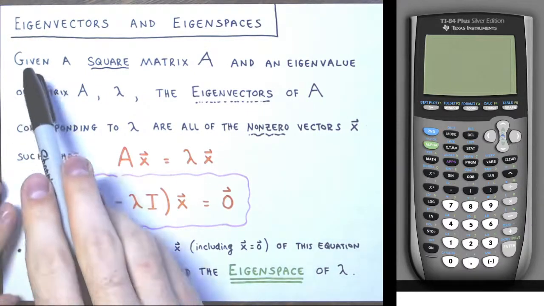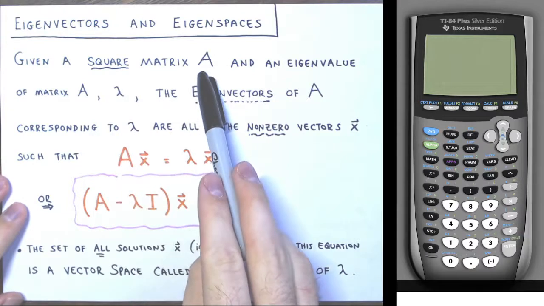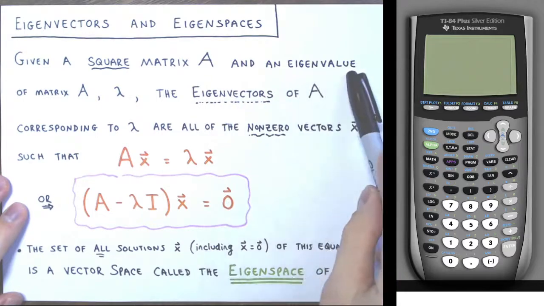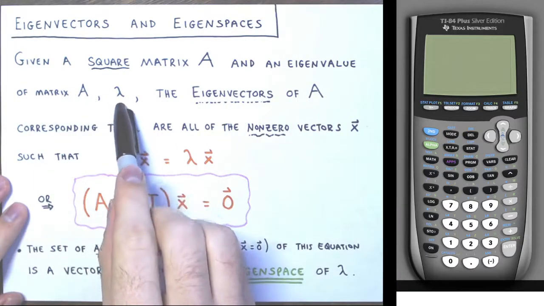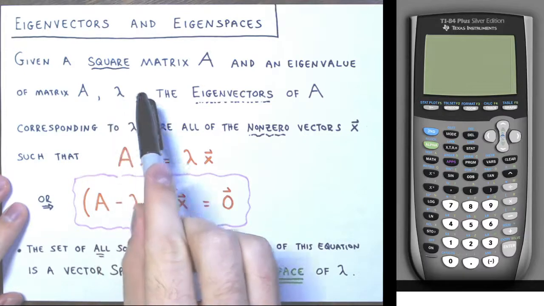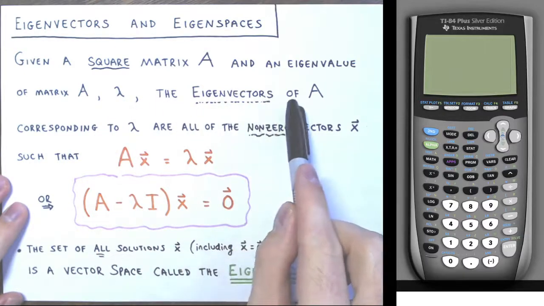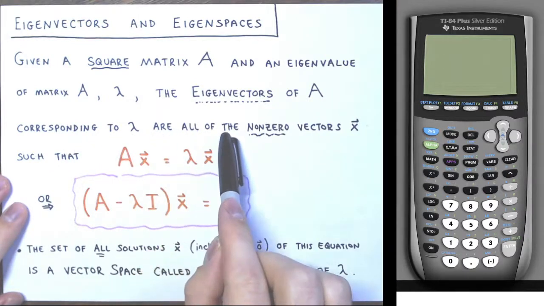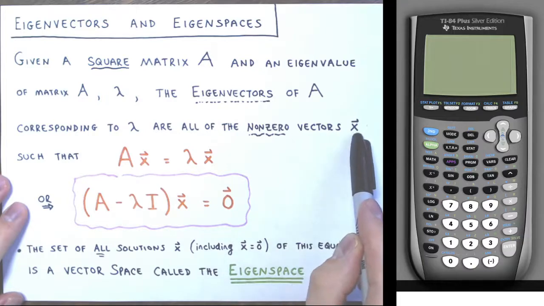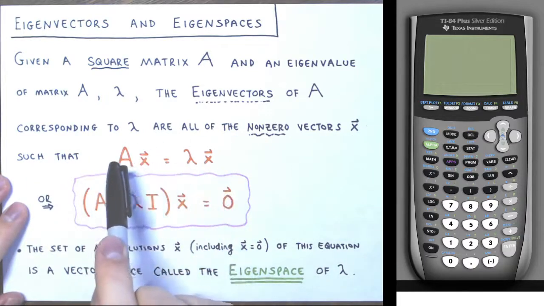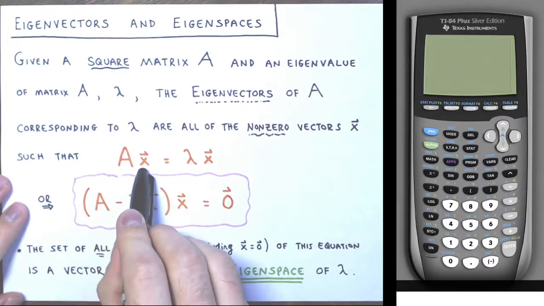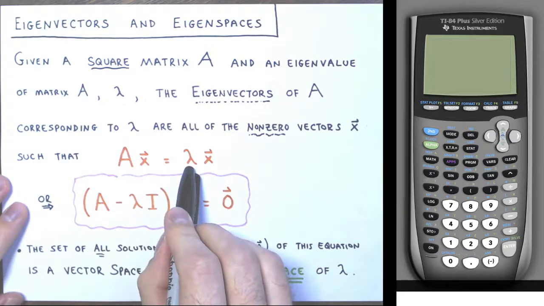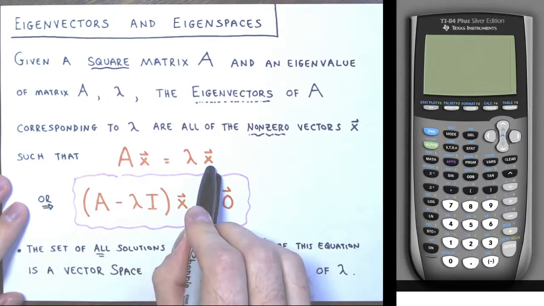So suppose we're given a square matrix A, say an n by n matrix A, and an eigenvalue of that matrix called lambda. The eigenvectors of A that correspond to this lambda are all of the non-zero vectors x such that A times the vector x is equal to the scalar lambda times the vector x.